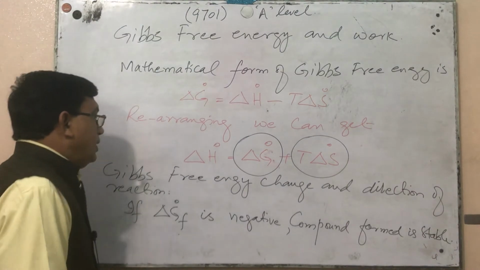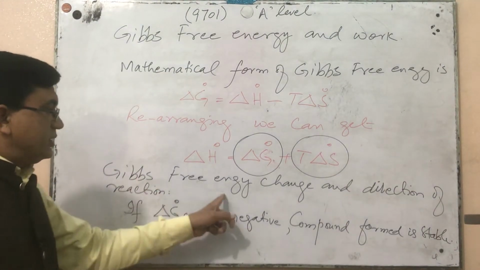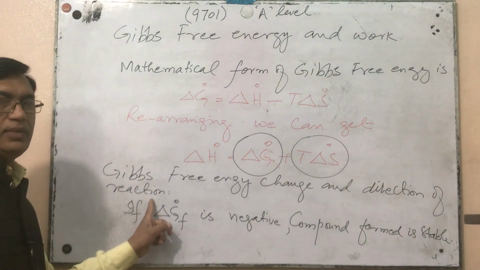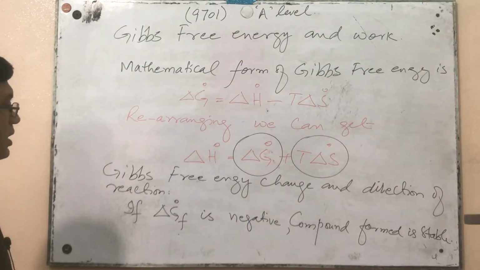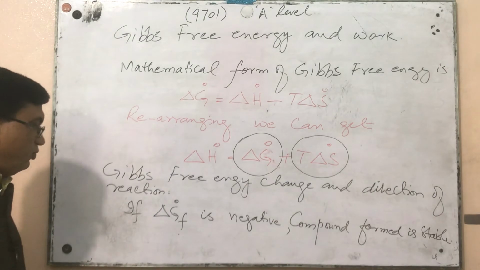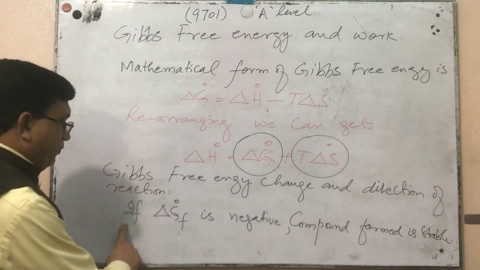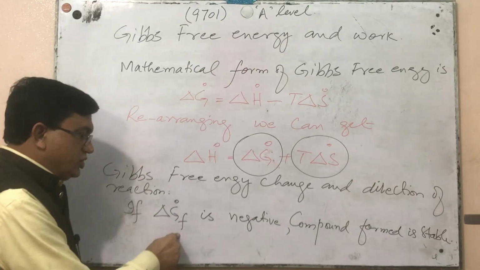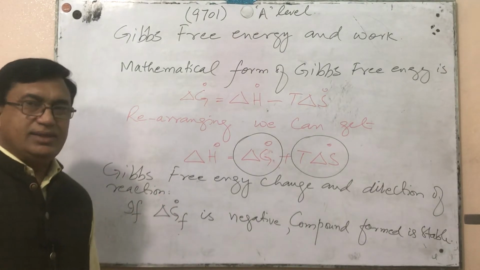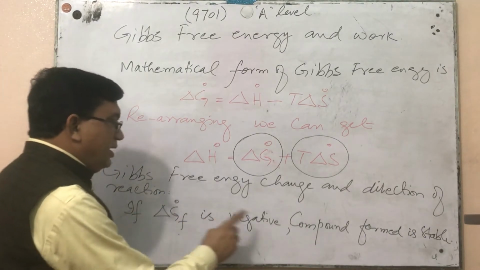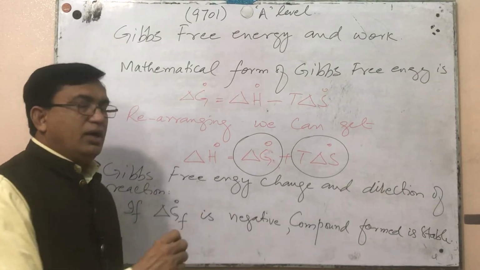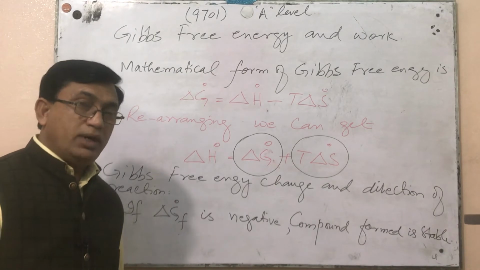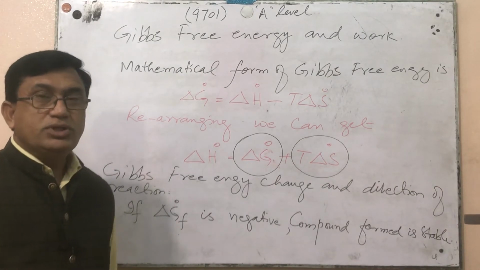Now, next is Gibbs free energy change and the direction of reaction. Two things are important to mention here. If the standard molar enthalpy change of a substance is negative, then definitely the substance formed will be stable and will not decompose easily.